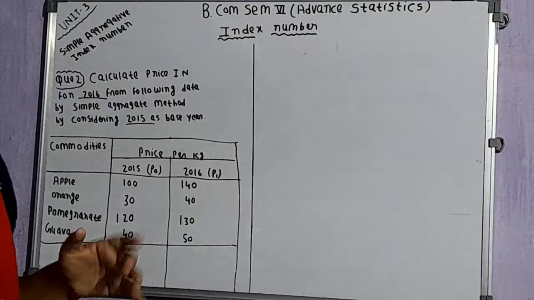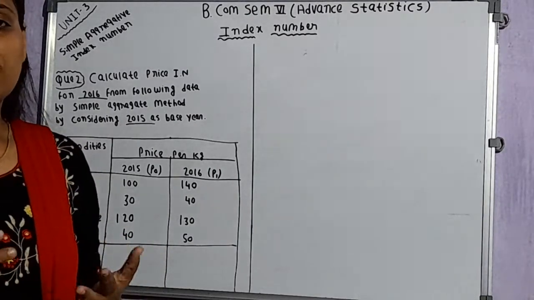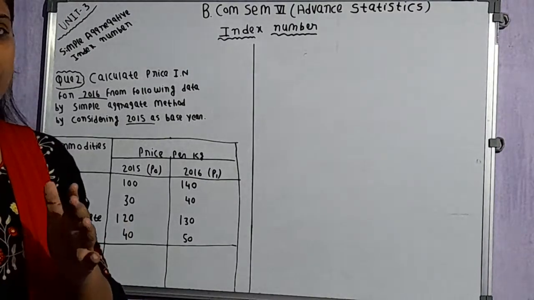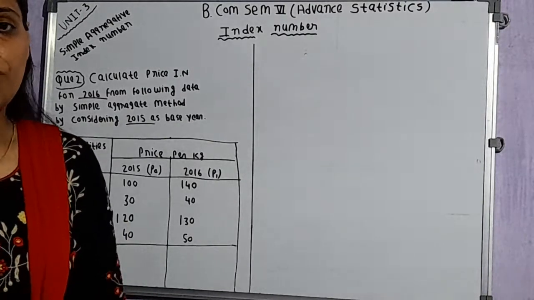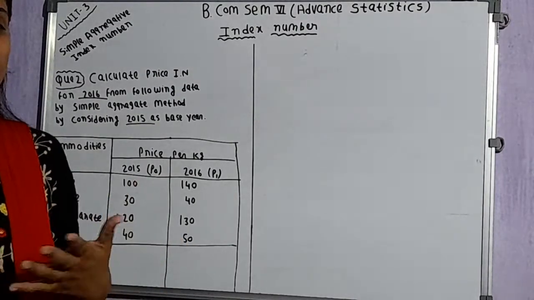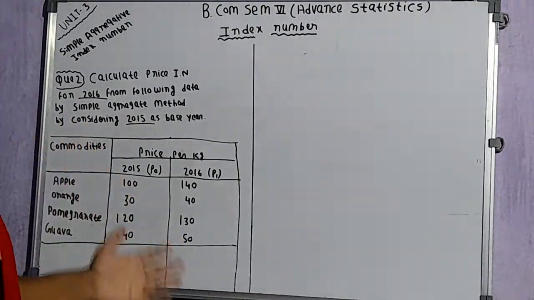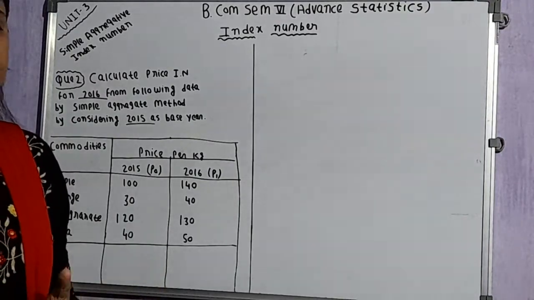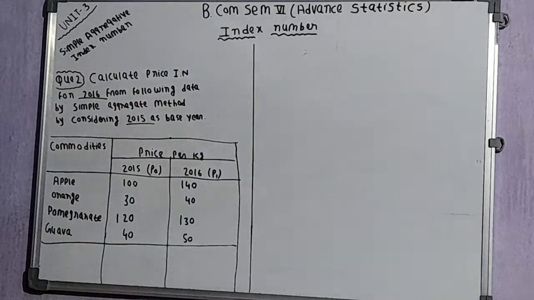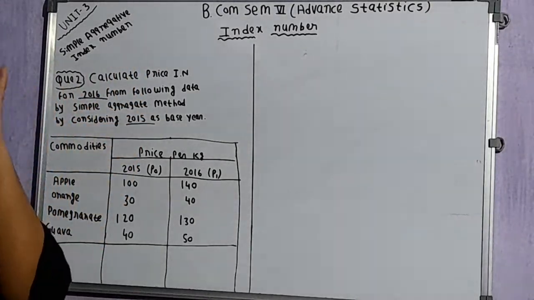Then we divide the total of prices of the current year by the total of prices of the base year and multiply by 100, so that we get the index number for the current year and can determine the relative changes in the prices of commodities in these two years. Index number is a tool to measure relative changes in a variable, and here the variable is the price.